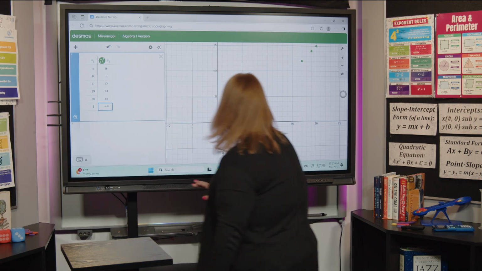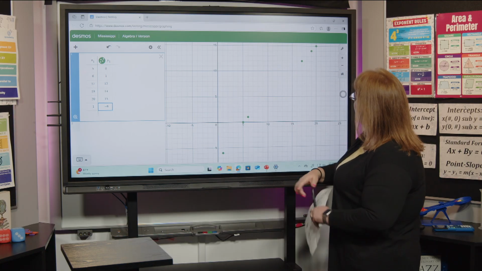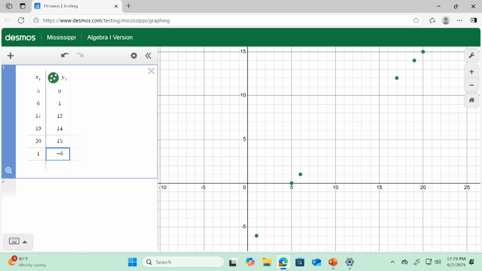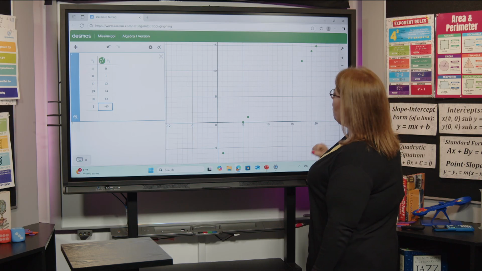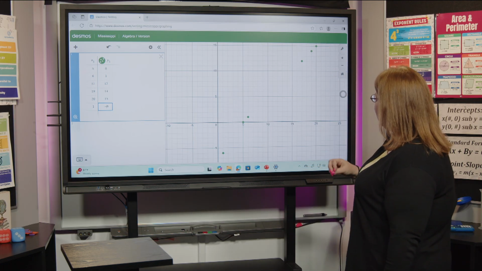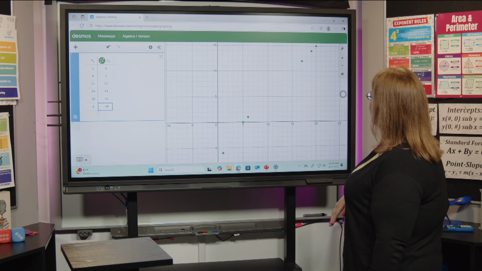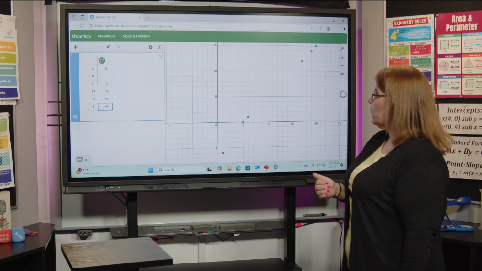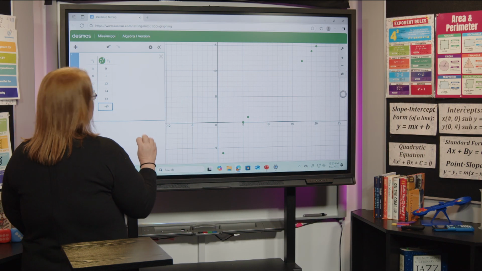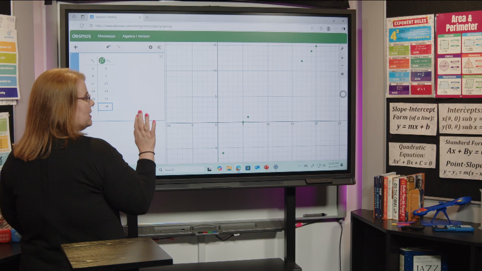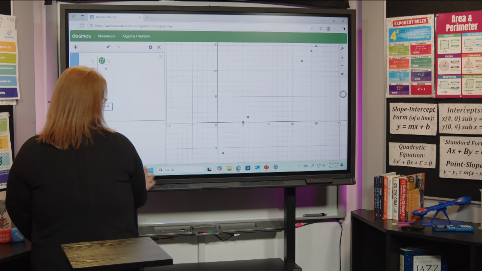All right. So what do I notice about this graph? It looks like a line. So when I see this, I can say that it is linear. So then when I have 1 and -6, should it be 1 and -6? 1 minus -6 would be 7. Nope, it should be a -4.